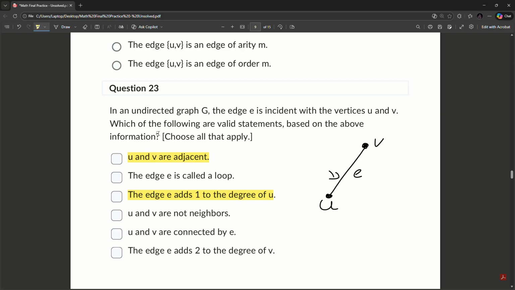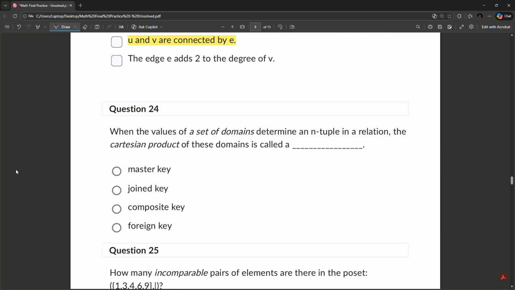Because it's undirected, it is a loop, I think. No, no, no, it isn't. But U and V are connected by E, right? But according to my answers, it's saying all of them are correct, which doesn't make sense. I'm thinking that they were just lazy about it.